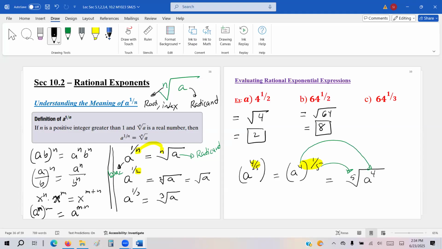What does that mean? Look at the next one. We have 64 to the 1/3 power. Before we go to the 1/3, let me ask you, how do you know the square root of 4 is 2? You multiply 2 twice, you get 4. And why is the square root of 64 8?